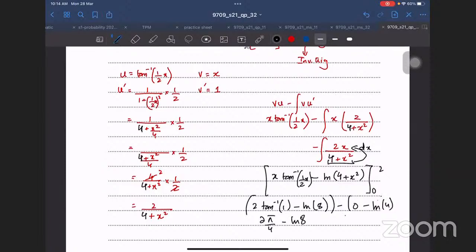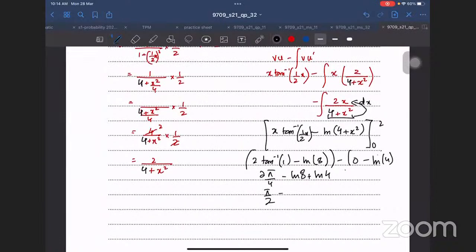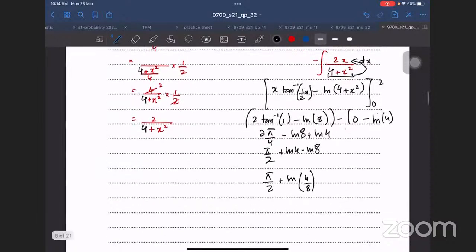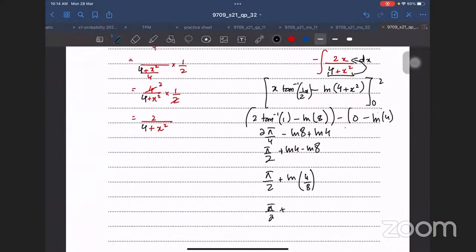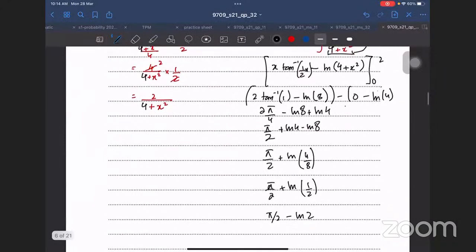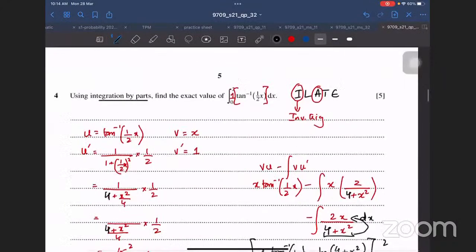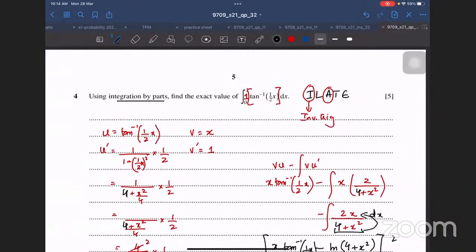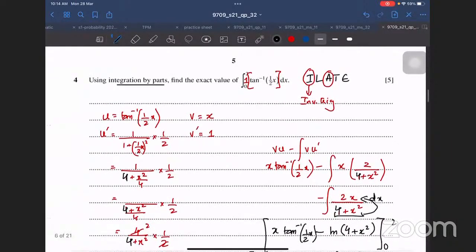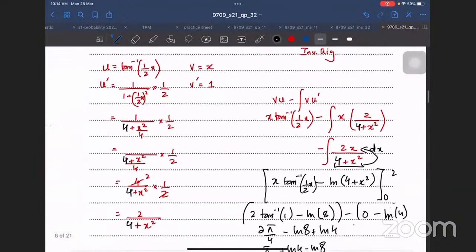So I get minus ln 8 plus ln 4, which is pi over 2 plus ln 4 minus ln 8, pi over 2 plus ln of 4 divided by 8, which is ln half. This is a slightly unusual question, if you haven't done this before, have a quick look. So yeah, tan inverse of half x is integration by parts.